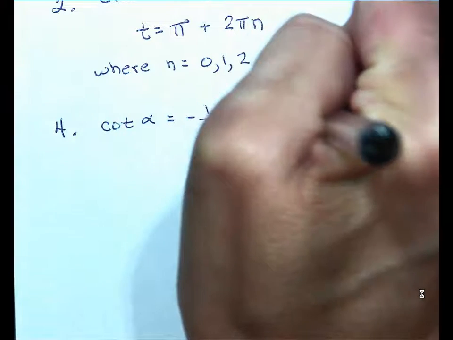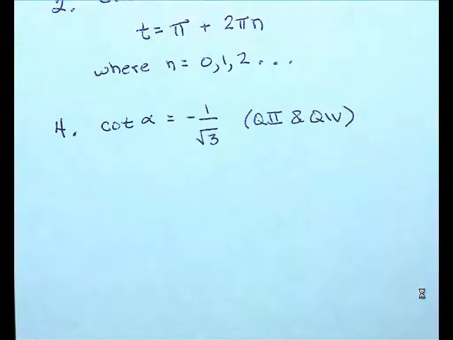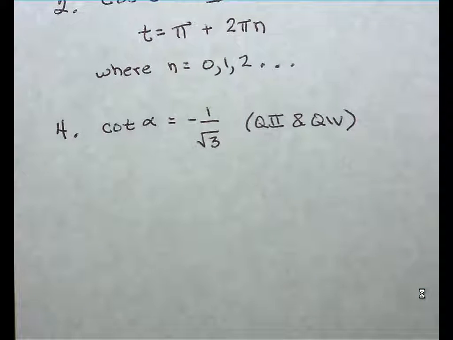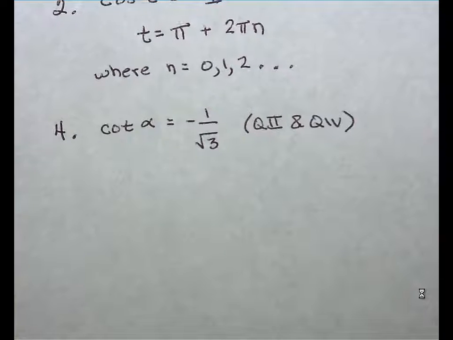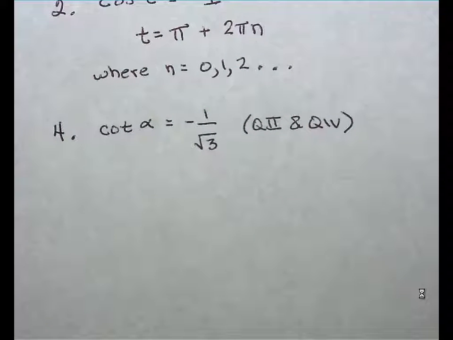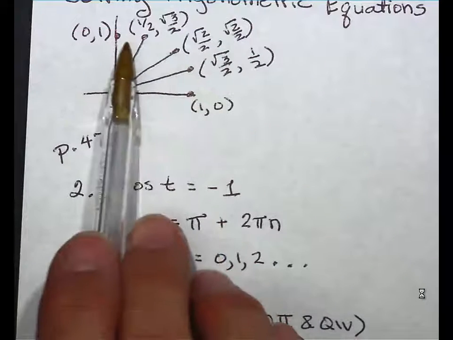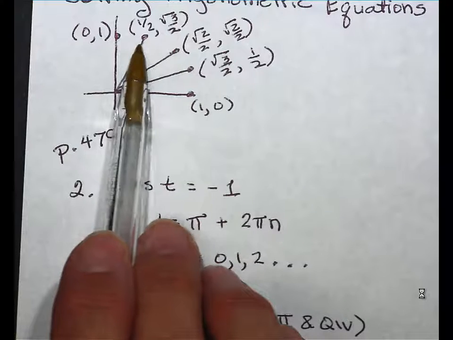So I'm making myself a mental note here. I'm looking for quadrant 2 and quadrant 4 solutions. Now I know that's going to happen. Forget the negative for a second. I just need to figure out whether cotangent alpha is 1 over square root of 3 at the pi over 6's or the pi over 3's.